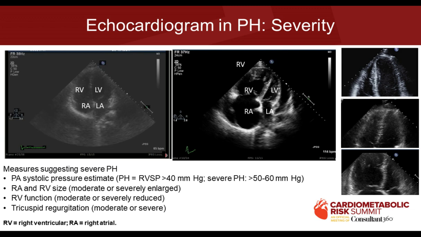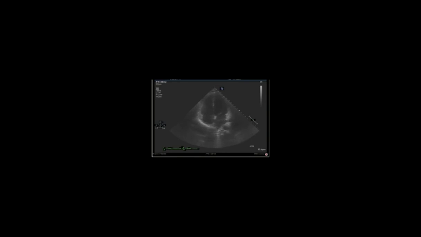So basically, it's looking at the right side of the heart at both its size and function, and the tricuspid valve, how regurgitant is it. On the left, I have a patient with pretty good heart function. On the right, I have a patient with terrible right-sided heart function. The right atrium is very dilated, the left atrium is all squished, the right ventricle is very dilated, and there's a pericardial effusion present.